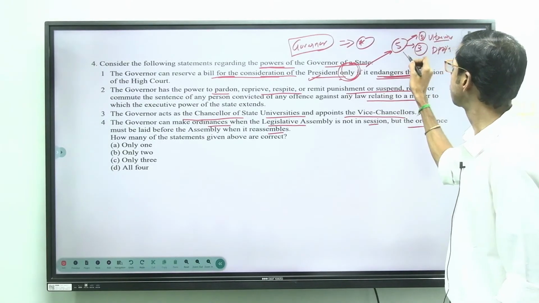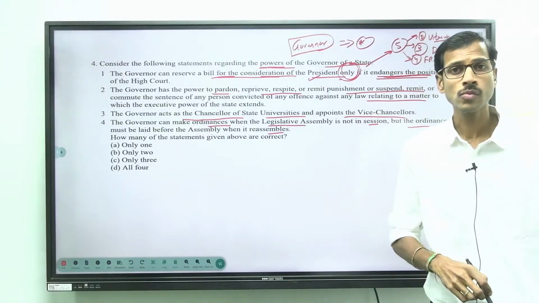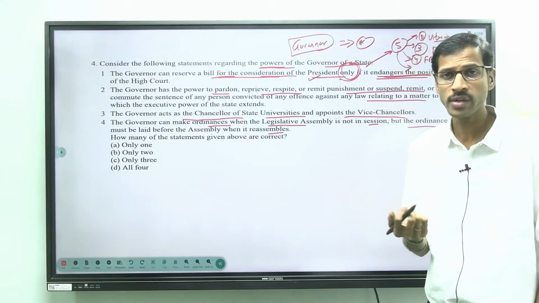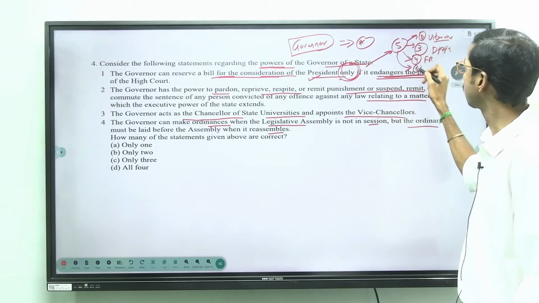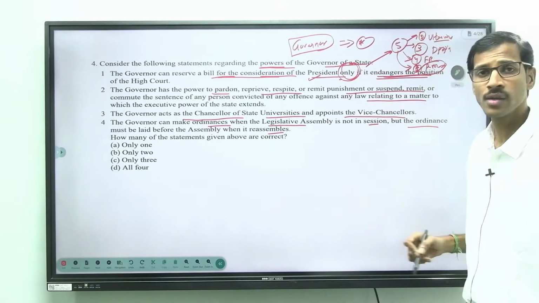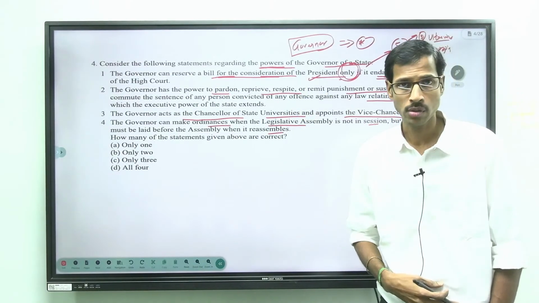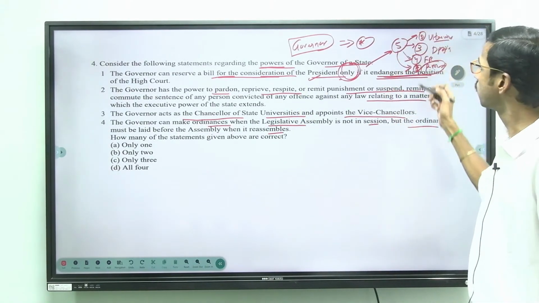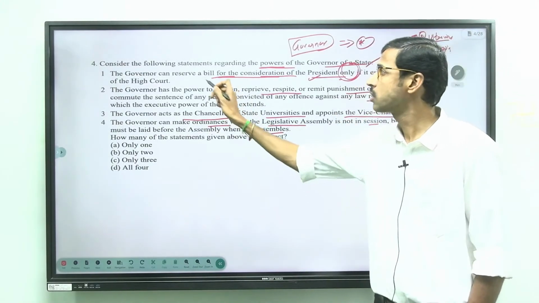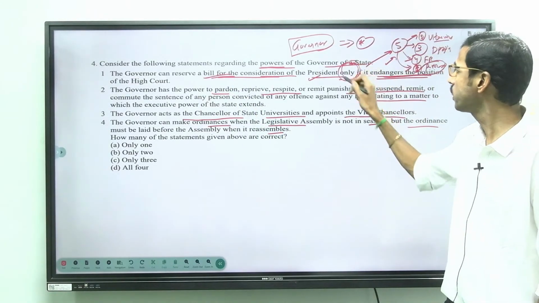If it violates the fundamental rights, and if it is against the national importance, or against the overall interest of the public, right? All these are five important considerations whenever the governor can reserve a bill for the consideration of the president, not only this one, right?